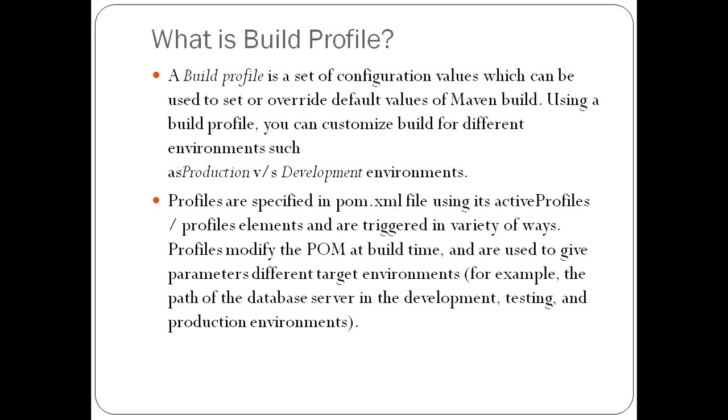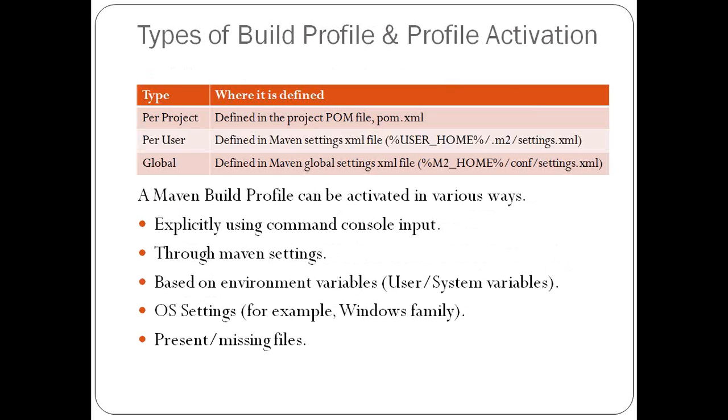We can write profiles in pom.xml and activate them in different ways. We have 5 ways to activate the profiles. So how many types of build profiles are there? Three types. One is per project, meaning we can define profiles in the pom.xml file.